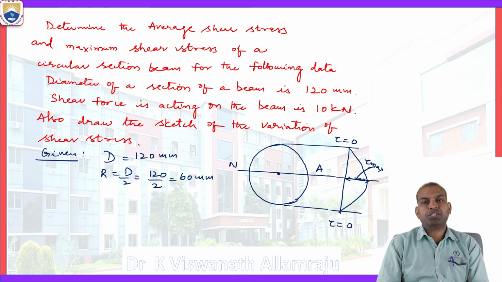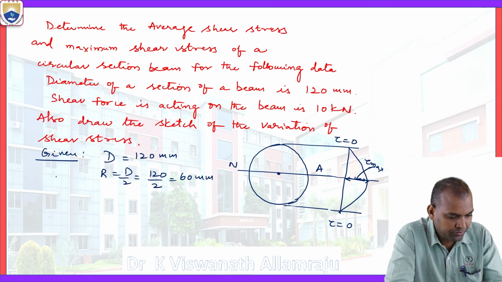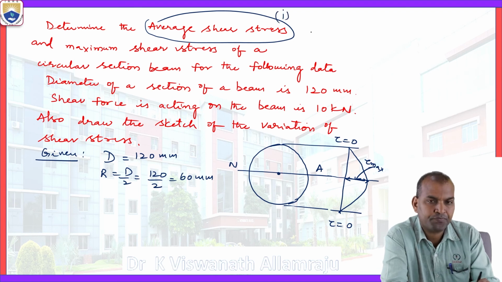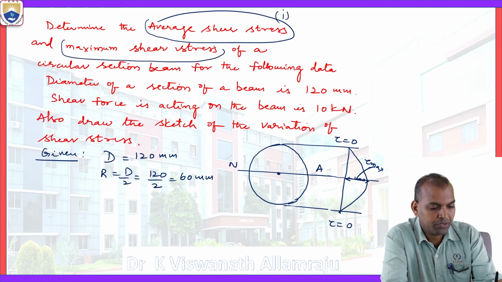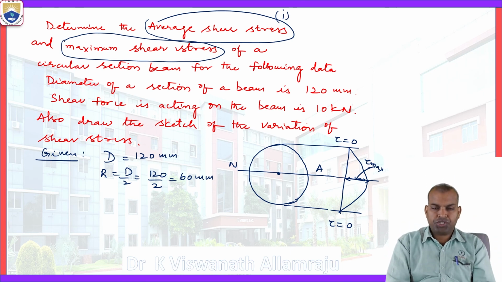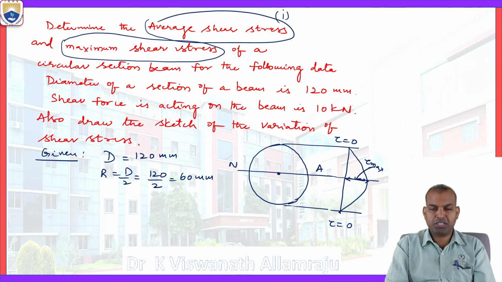The variation of the shear stress across the section of the beam is parabolic. Now, what is the first objective? The first objective is the average shear stress, and the second objective is the maximum shear stress. If we know the value of average shear stress, the maximum shear stress can be calculated by substituting in the relation between maximum shear stress and average shear stress.